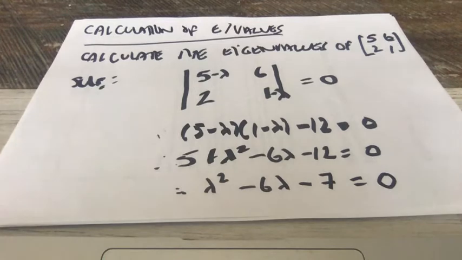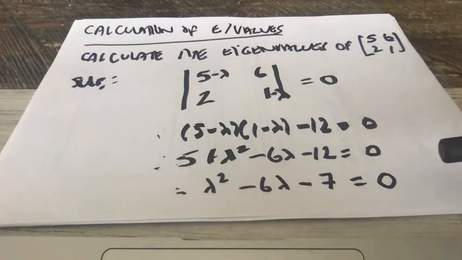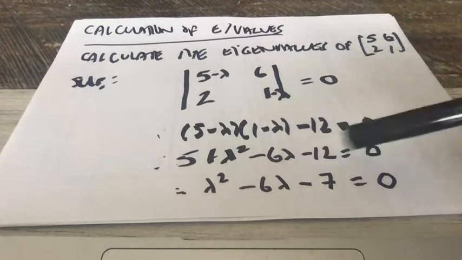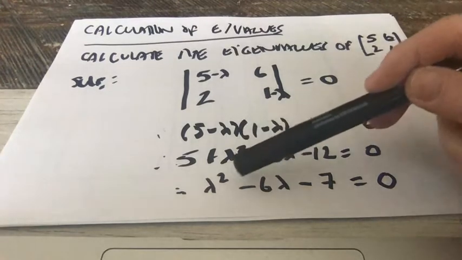So you get lambda squared minus 6 lambda minus 7 is equal to 0. What you end up with, folks, is a quadratic equation for lambda. The reason it's quadratic is because your square matrix is a 2 by 2. If you had a 3 by 3 matrix, you'd get a cubic equation in lambda.